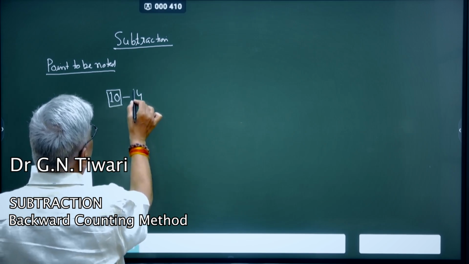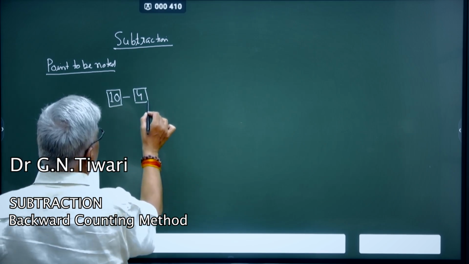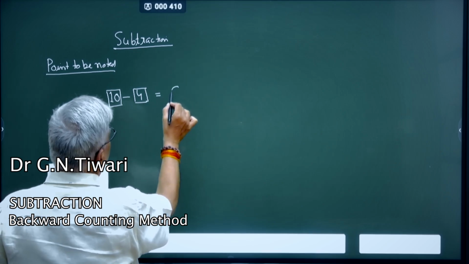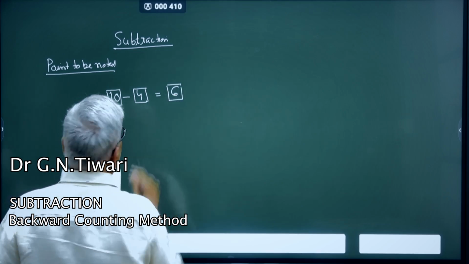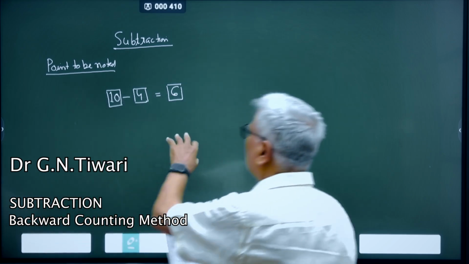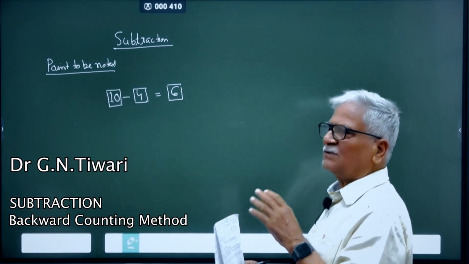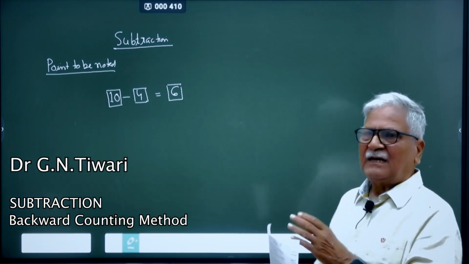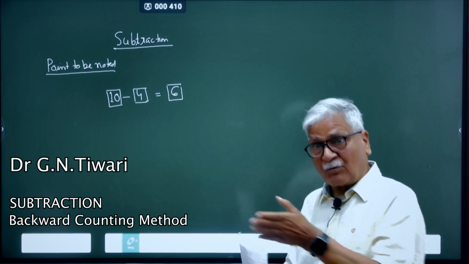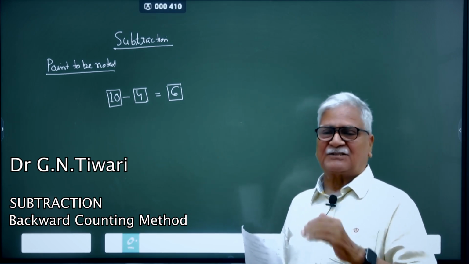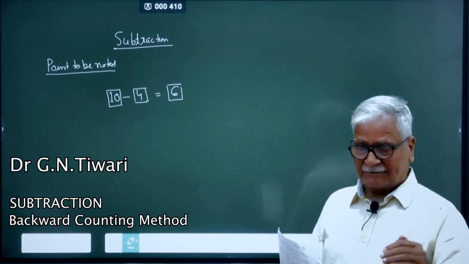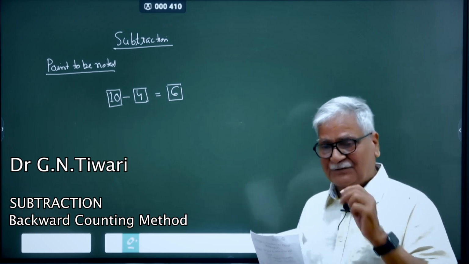It is unlike addend, it is equal to 6. I will explain how 10 minus 4 gives 6, not by forward counting but by backward counting. So in all the subtractions, I will use backward counting. But the notation is very, very important.